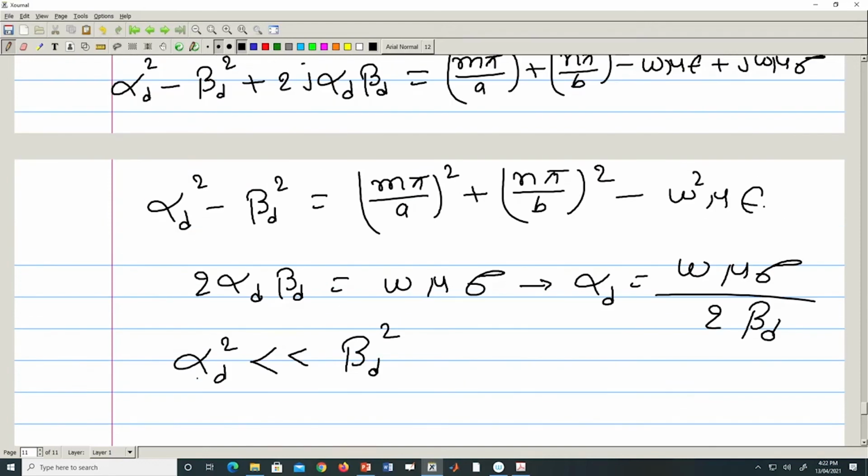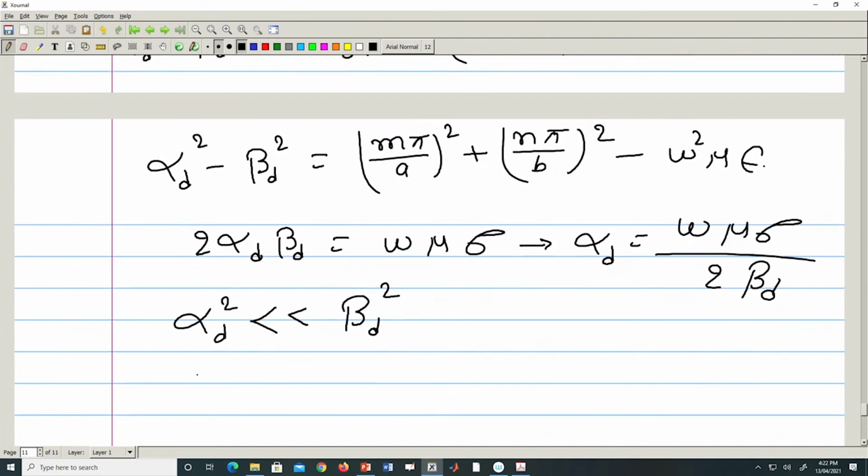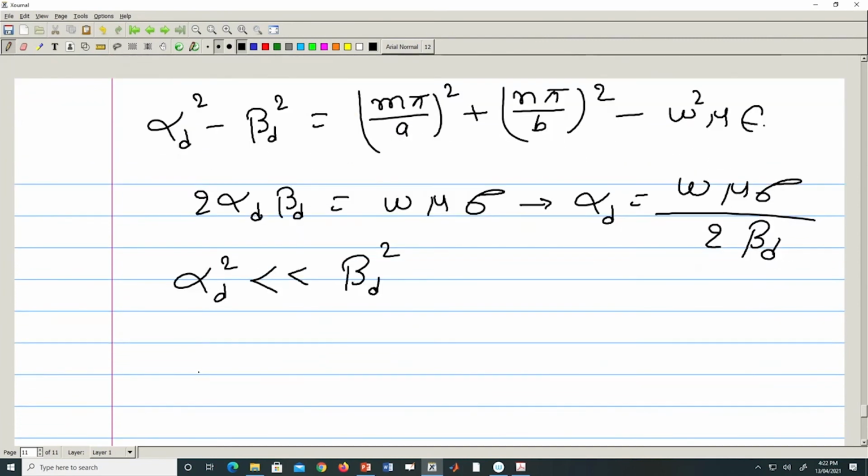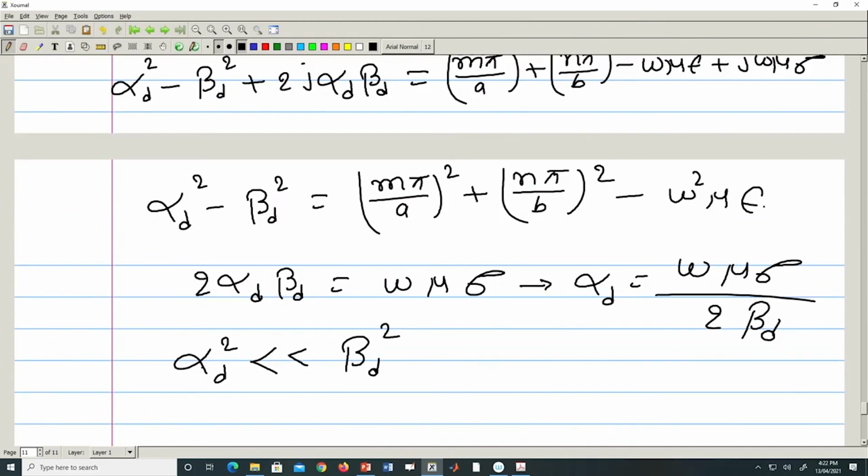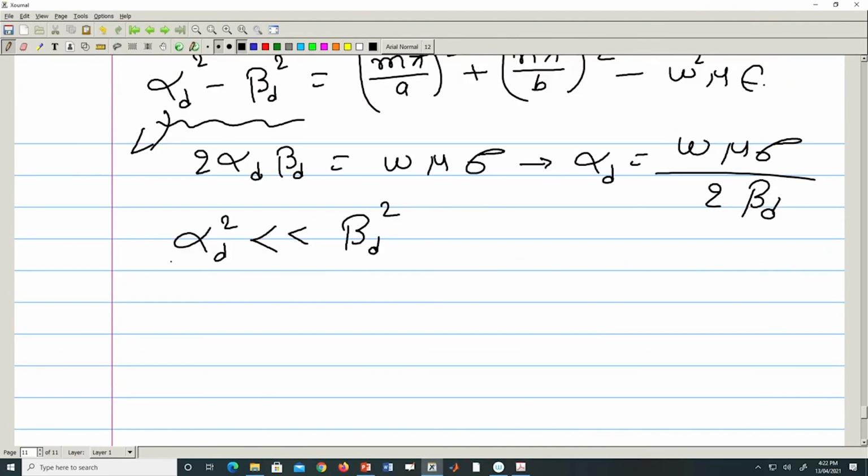So, if alpha d is very small, then in this expression alpha d square will be negligible compared to beta d square, and this will be beta d. We can write it in one more step, otherwise it will be confusing.